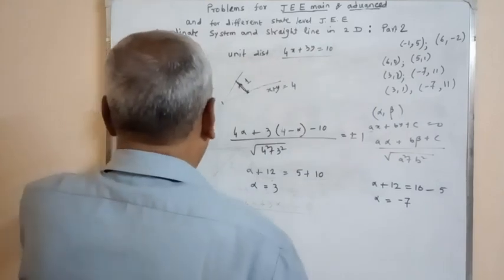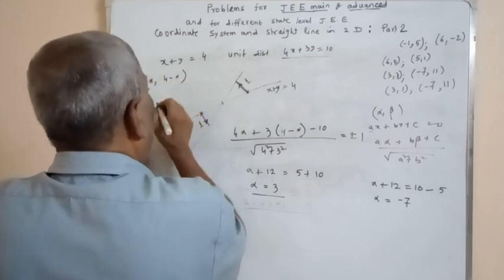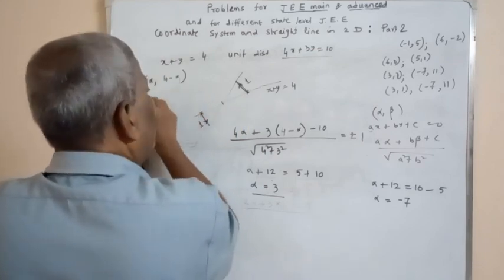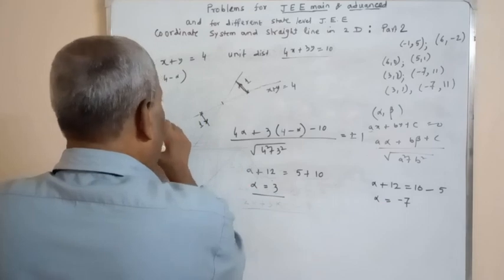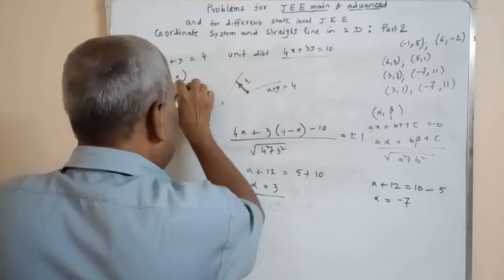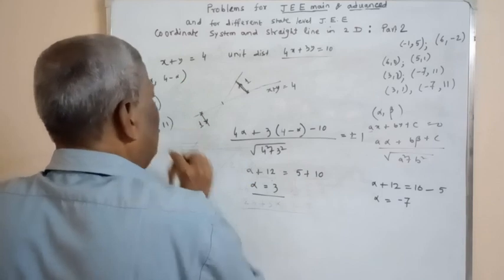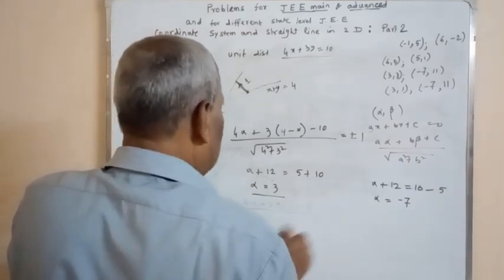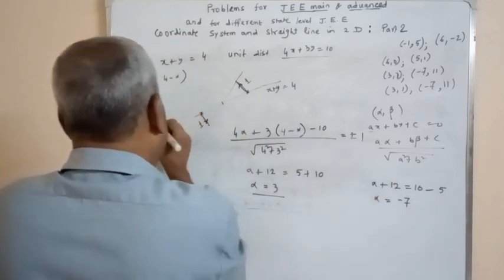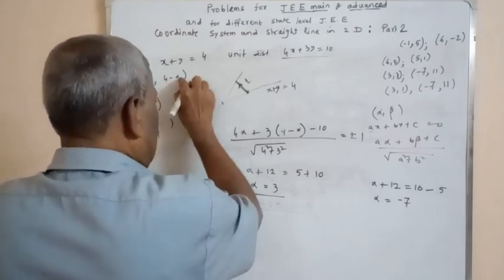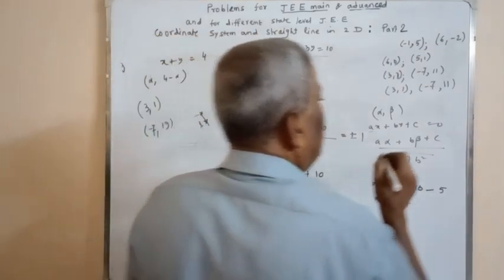So the answer corresponding to alpha is equal to 3 is 3 comma 1, and for alpha minus 7 the point is minus 7 comma 11.